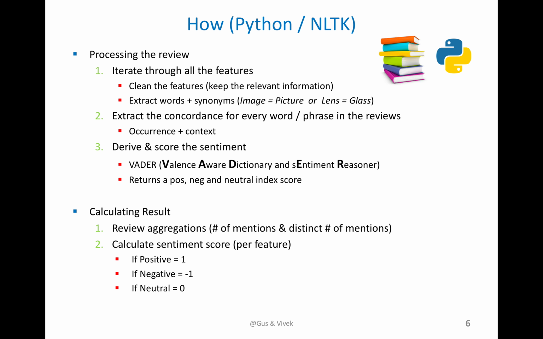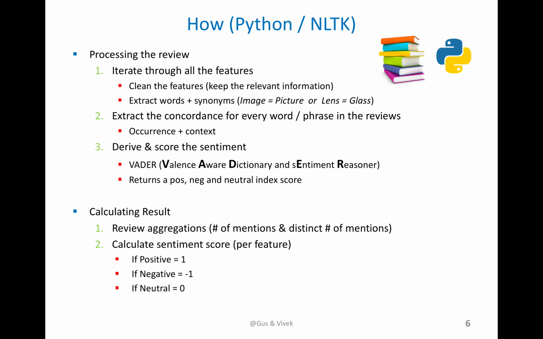To come up with this sentiment score, we've leveraged a library inside of the NLTK package called Vader. It stands for Valence Aware Dictionary and Sentiment Reasoner. It has a couple of great functions, but one of them returns a positive, negative, and a neutral index.